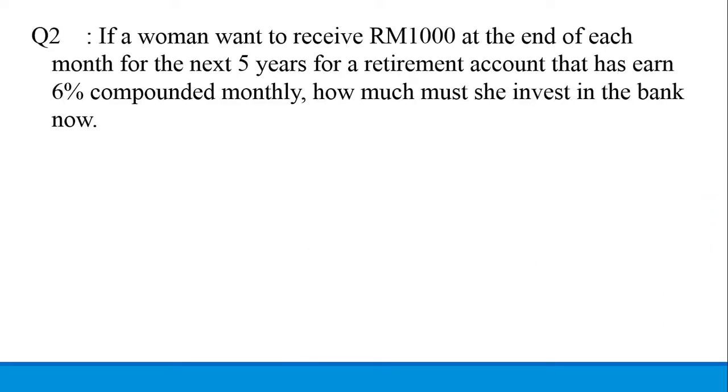Let's say for the next one, if a woman wants to receive 1,000 at the end of each month for the next 5 years from a retirement account that earns 6% compounded monthly, how much must she invest in the bank now?